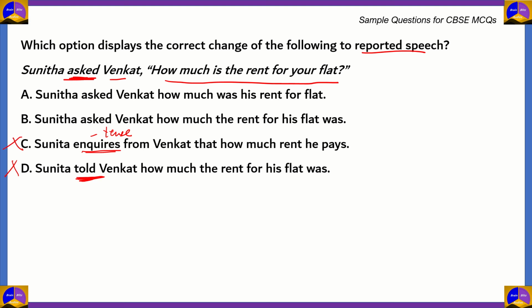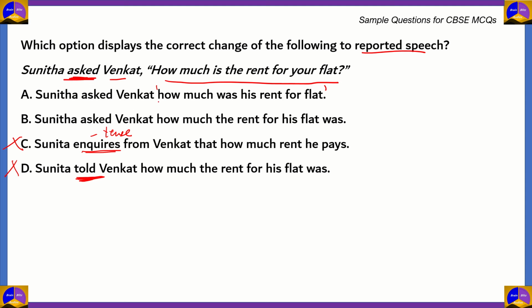Now, what about options A and B? Both of them have the correct verb, asked. So let's look at both of them. Option A says Sunita asked Venkat how much was his rent for the flat. If you look at option A, you can see that the question part of this particular statement is still direct.